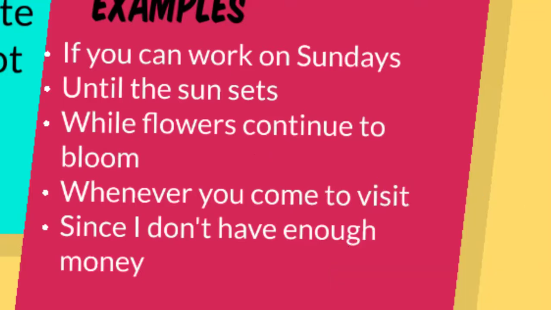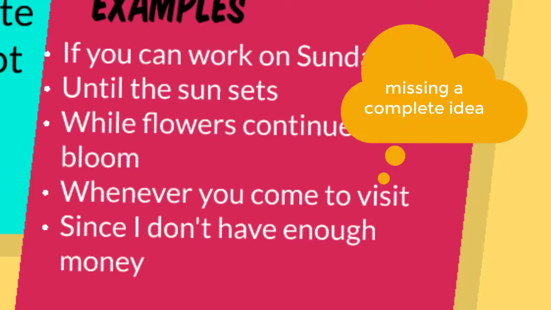Example number 4, whenever you come to visit. Is there a subject? What is the verb? Is there a complete thought? The complete thought part is missing, if you notice. It makes you wonder what goes next. It leaves you with questions. Look at it.